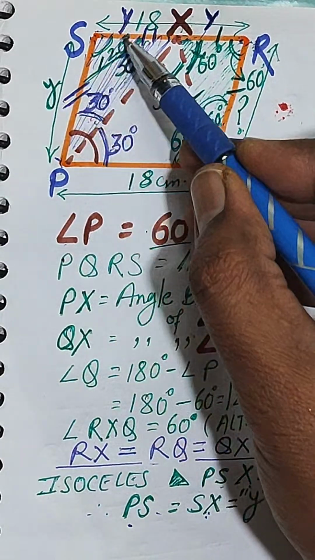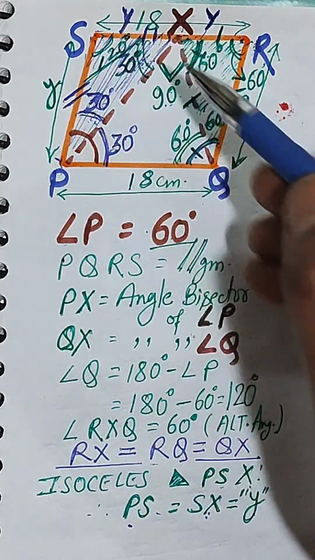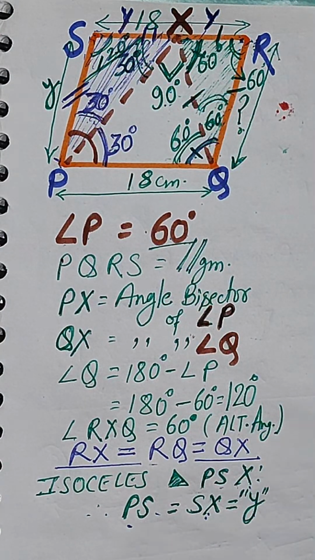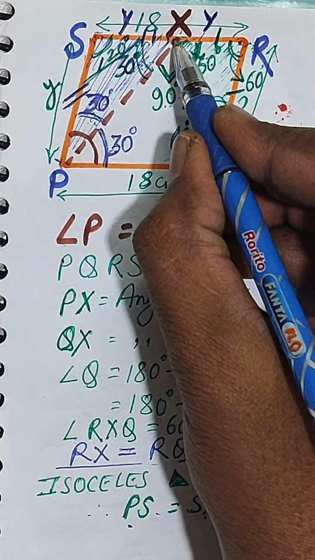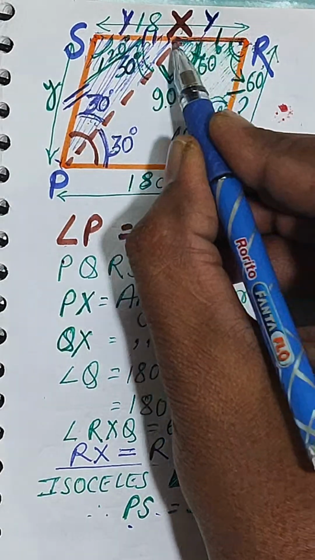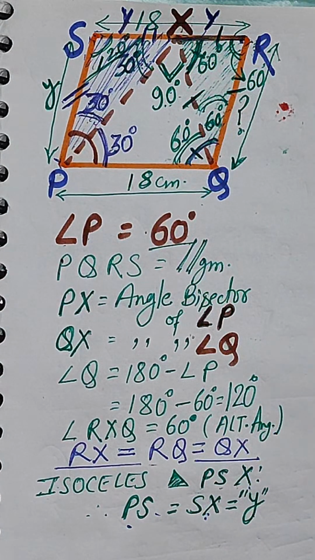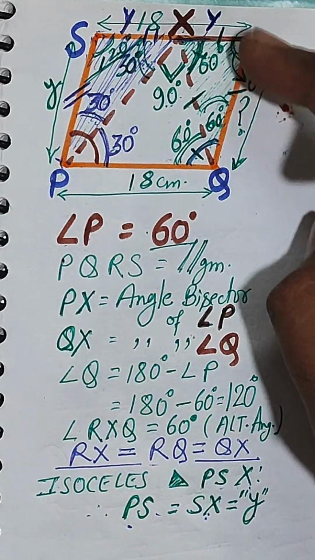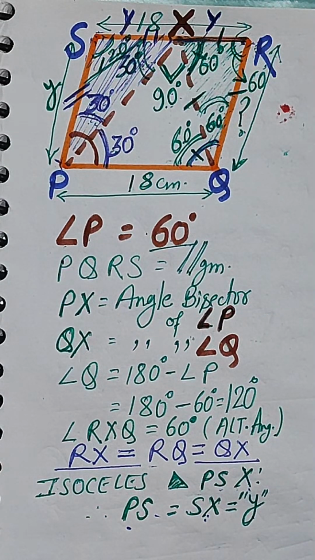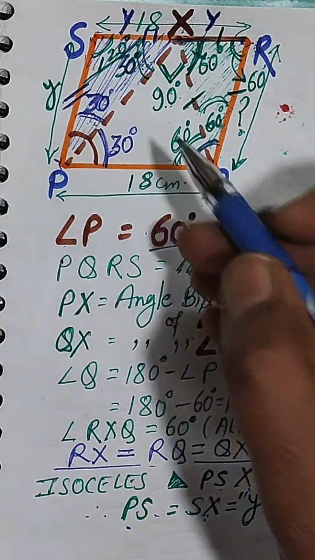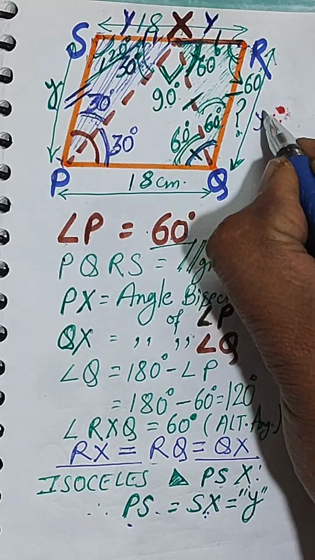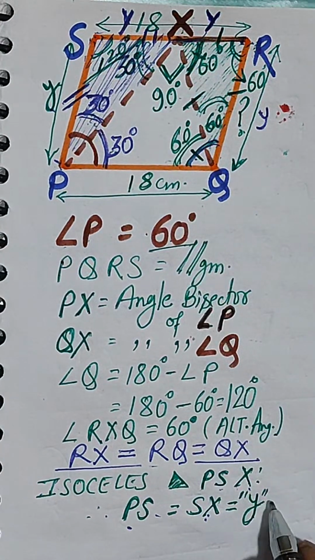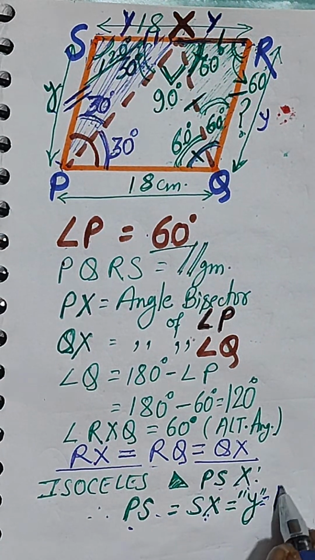Being an isosceles triangle, this PS and SX are equal, that is equal to Y. Then XR will also be equal to Y, because this Y is equal to RQ.